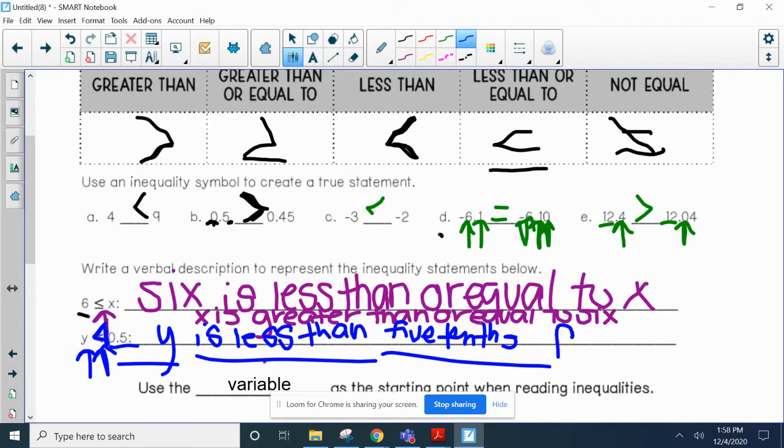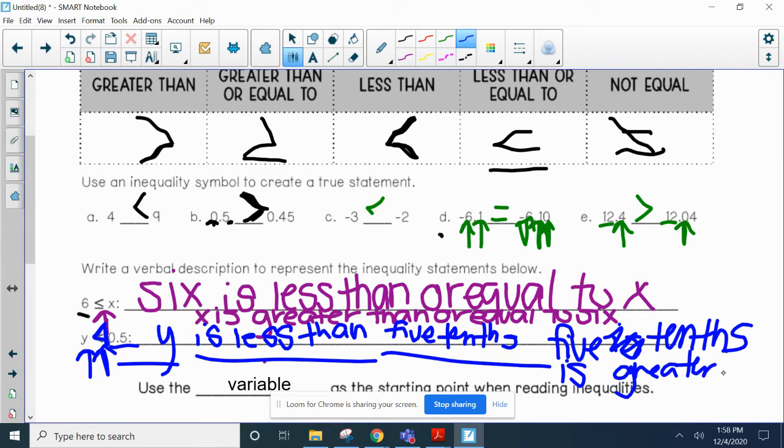So 5/10 is greater than y. All right, so we're going to use that variable as the starting point when reading our inequalities.